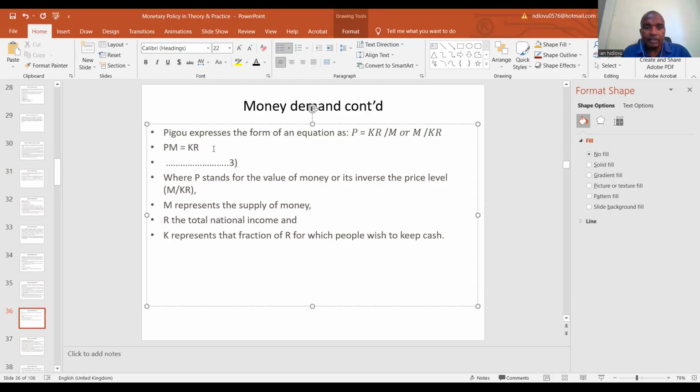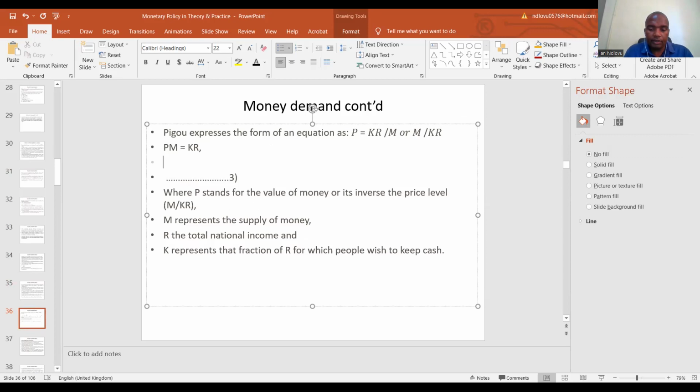And then now I can have my P being equal to KR over M, that's my P, which is equal to KR over M.